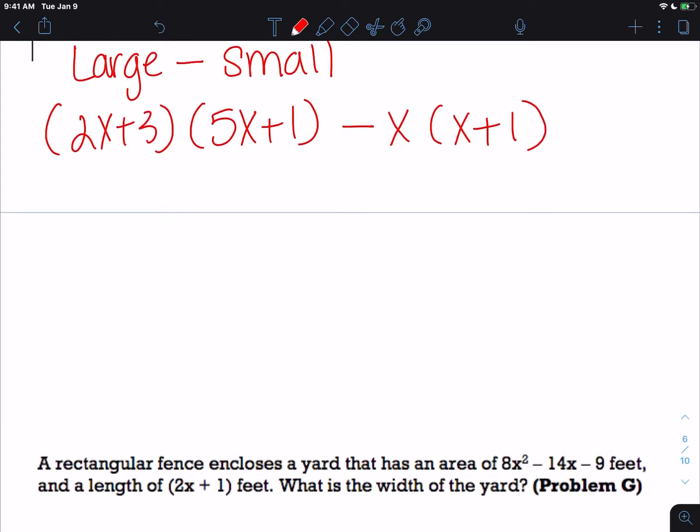So I can go ahead and use my box method for this just to keep me aligned.